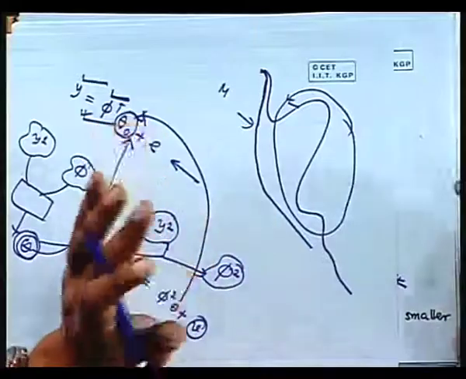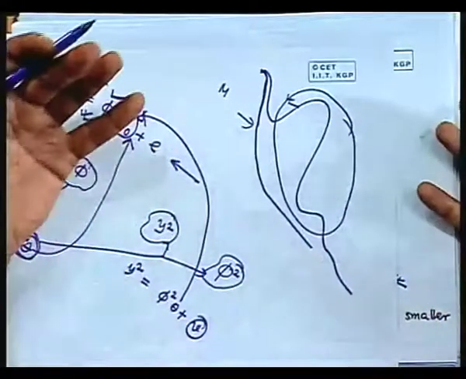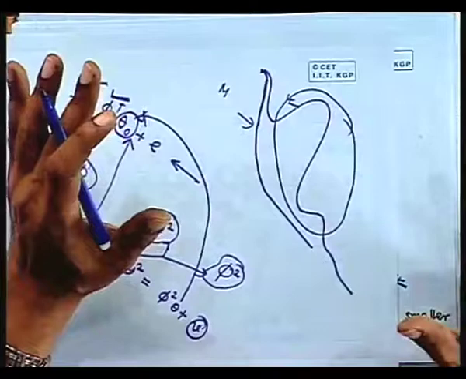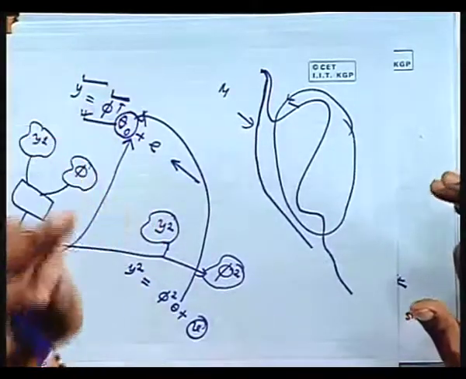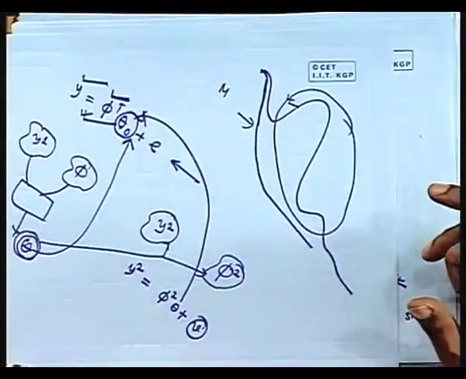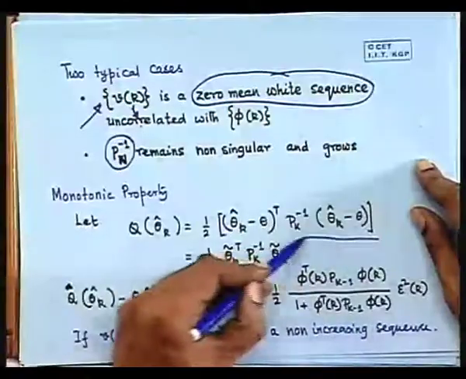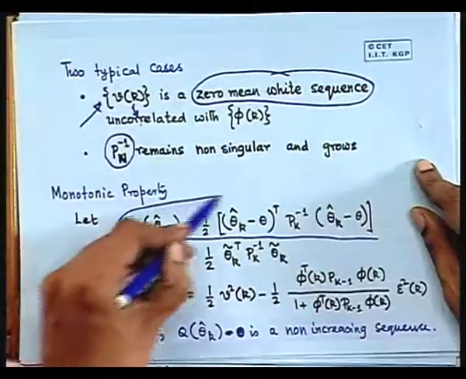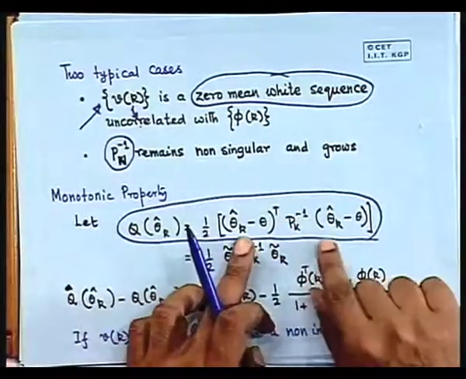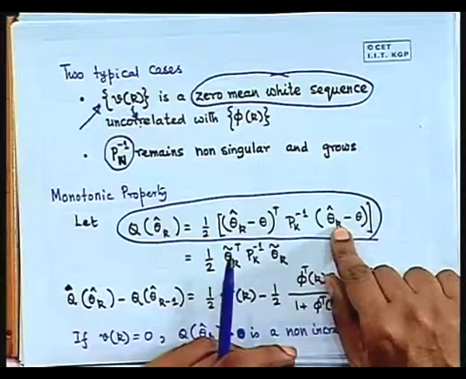So we are also interested to know what more we can say about the estimates. Can we at least say that this performance criterion is going to come down monotonically? Then at least I have a little better hope that it will probably converge a little faster than if it were non-monotonic. So now we can prove several such cases. For example, you can prove that if you define a performance index like this, now why did you define it like this? What is the relationship of this with the original one which you are minimizing?